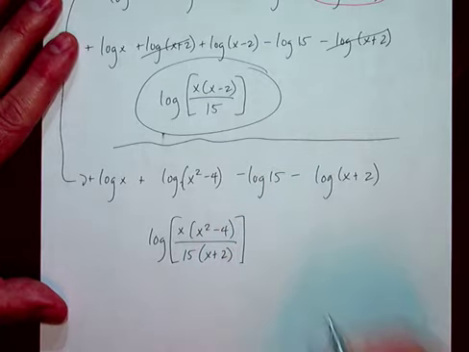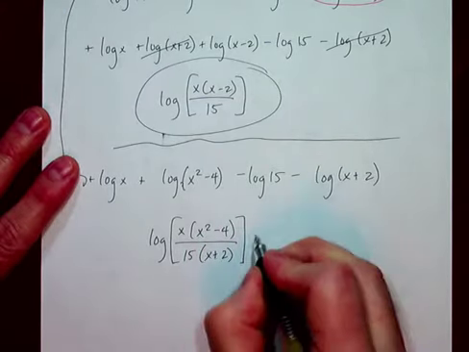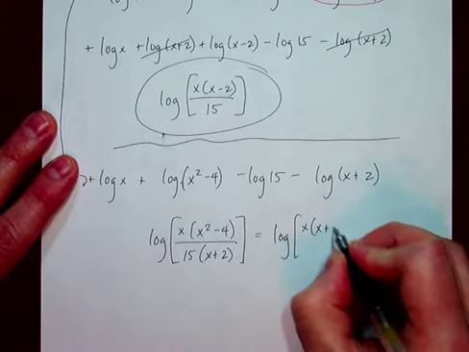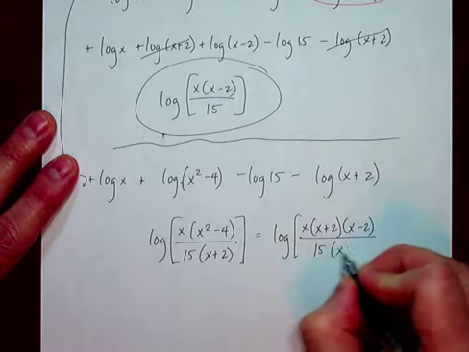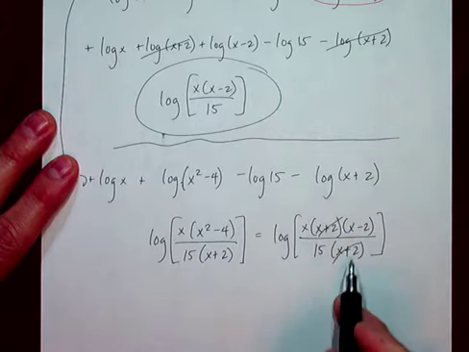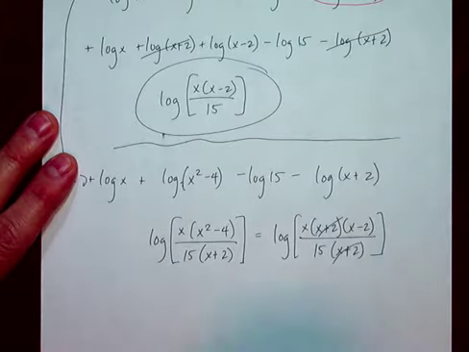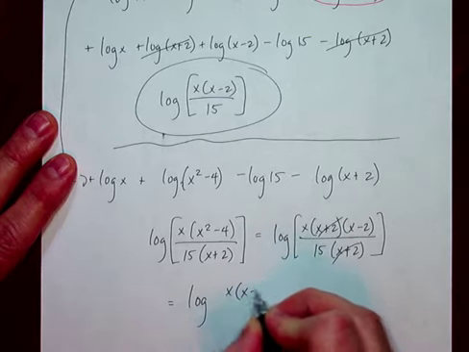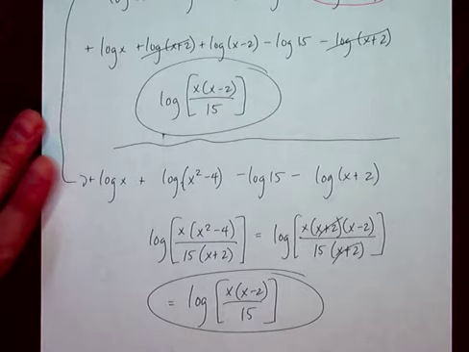Now that's all well and good, but implied within the x squared minus 4 are, of course, both of those linear factors, the x plus 2 and the x minus 2, which would then basically cancel as factors here, whereas they canceled as terms up here, and you still wind up getting log of x minus 2 over 15 as your answer, okay?